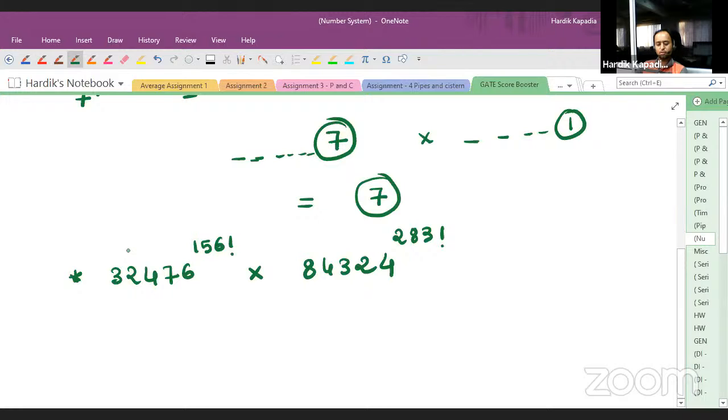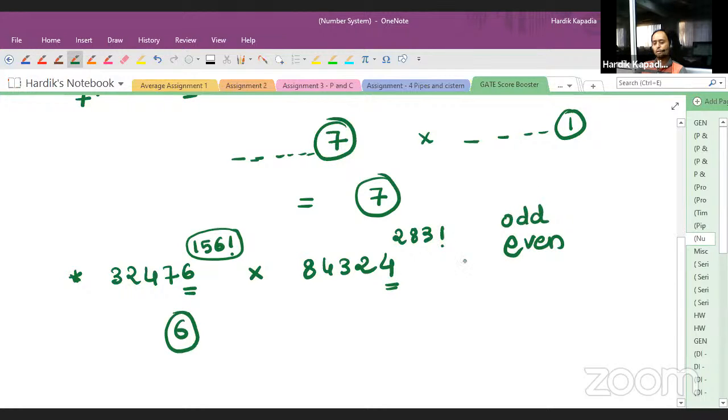Very good. 6 into 6, it is 36, as any number, 6 and 4. 6 raised to anything will be 6 only. 4 raised to anything, either it is even or it is odd.